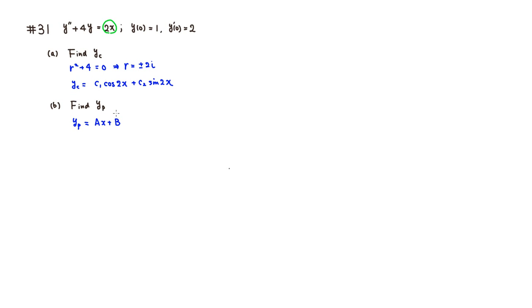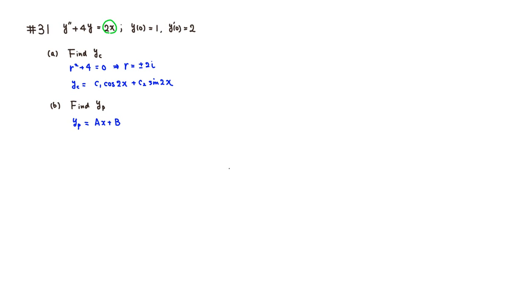Then we have to look for the overlap, but in this case, the complementary function is a linear combination of cosine and sine of 2x. So there's no overlap, so we don't have to multiply by a power of x. So ax plus b is the form. But we would have to find the a value and b value.